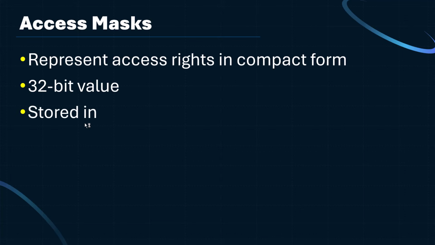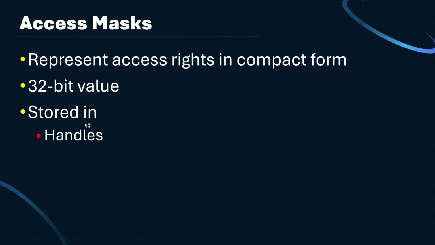Usually this is stored in one of two locations. One of them is a handle. So every time I open a handle to an object, or at least try to open a handle to an object, I have to specify what kind of access I'd like to get. And this is specified using this access mask, which means that if I am to get that access mask, I should be able to pass some security checks.